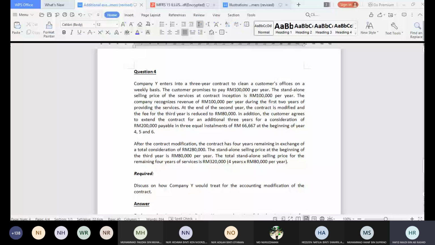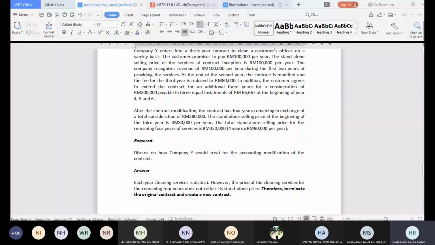Since the services are distinct, what you do is terminate the original contract up to the point of whatever you have completed. Then you write a new contract for the remaining 4 years of cleaning services.